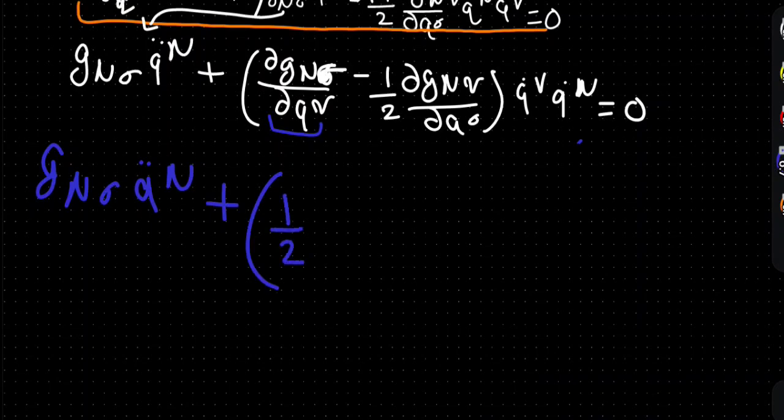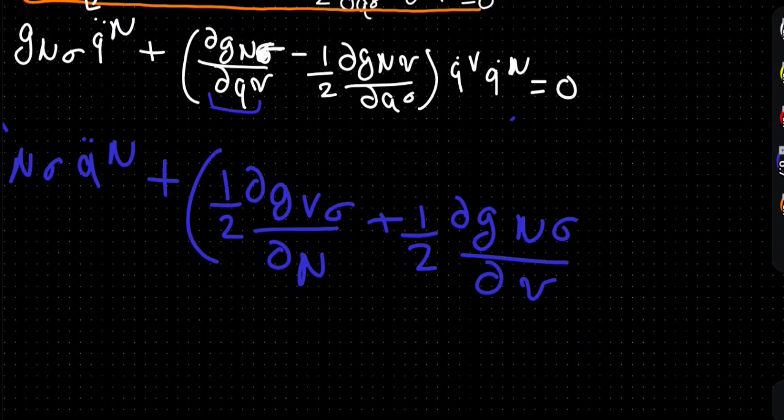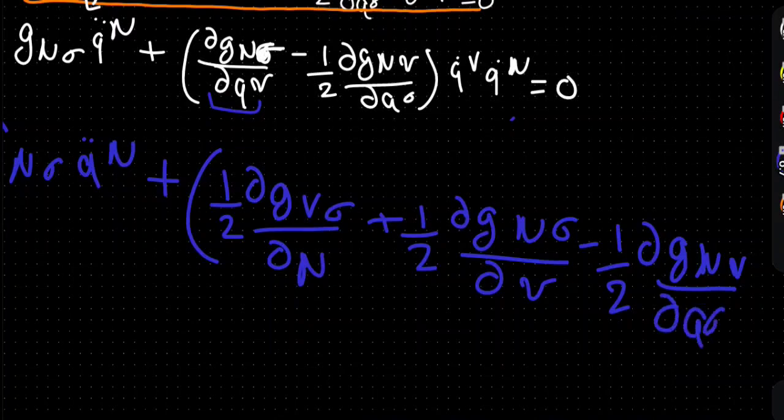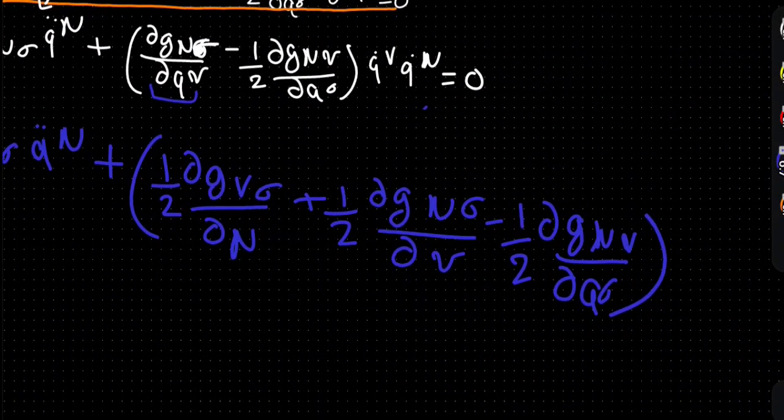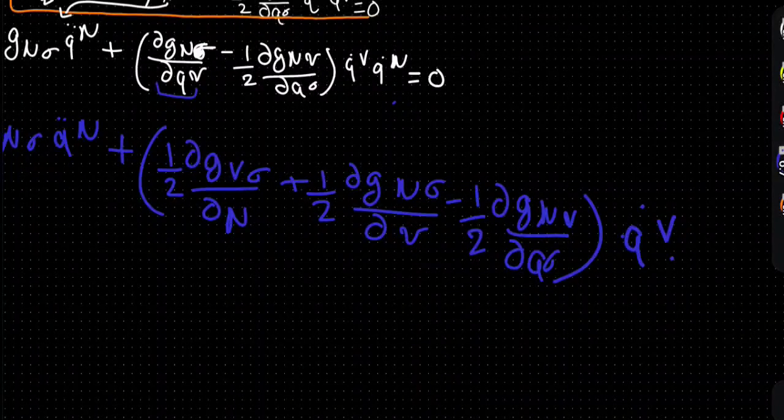1 by half of del g nu sigma by del q mu plus 1 by half of del g mu sigma by del q nu, and minus 1 by half of again del g mu nu by del q sigma, and again these terms q dot nu and q dot mu, and it is equal to 0.